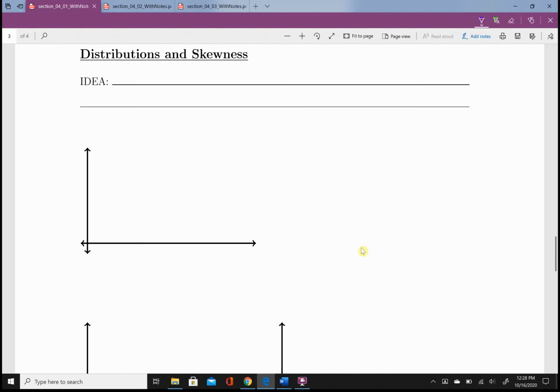So the idea here is to say that unless the data is uniform, the mean and median can be compared.